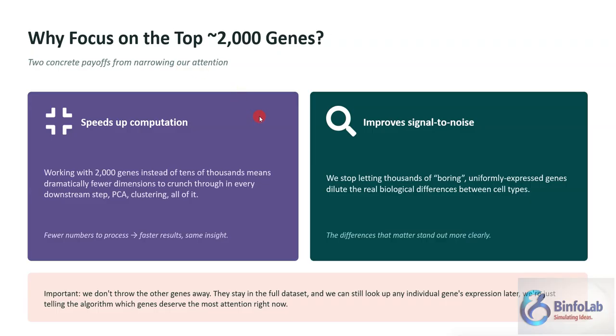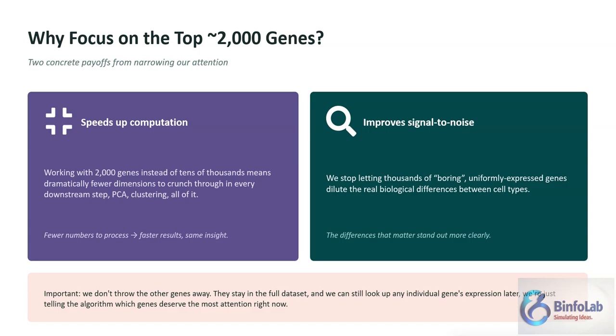If we start with approximately 10,000 genes, we are narrowing our attention, filtering to a subset of the bigger set of genes. Why is this important? Because if we do this, it will speed up the computation process.